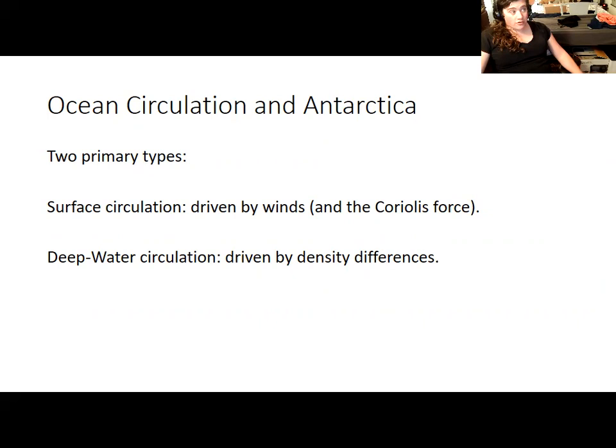Deep water movement is largely not driven by wind, because naturally the wind doesn't really have much of a factor deep below. Wind plays a role in the facilitation of the water sinking, as we'll talk about, but it's driven by differences in density. Not all water is going to be the same density, because water changes density at different temperatures, and how salty the ocean water is also varies.